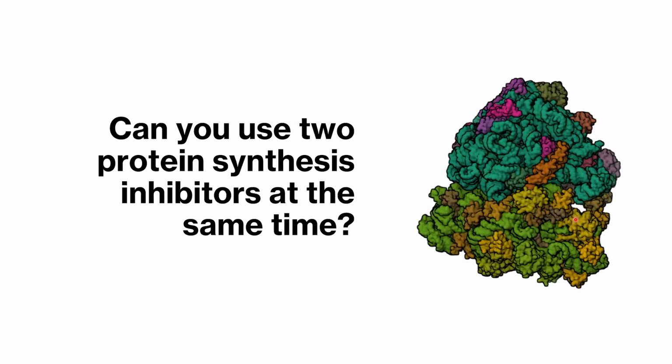And now that we've reached the end, can you use two protein synthesis inhibitors at the same time? I don't know if you thought about it a lot, but in theory, yeah, you can. In reality, you can. Since they work on different areas of the 70S ribosomal subunit, you could use a macrolide to hit up here and an aminoglycoside to hit down here.